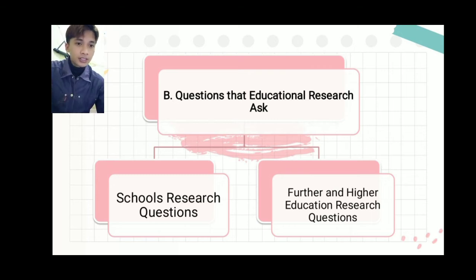Alright, the next is further and higher education research questions. I will give you 2 examples of the question. First, what impact do further education, technical education, and apprenticeships have on improving earnings and career progression for learners?